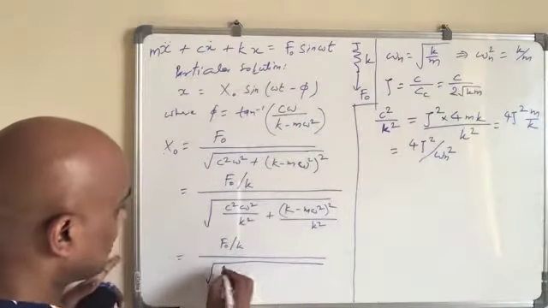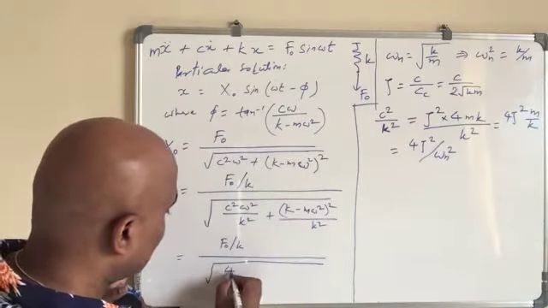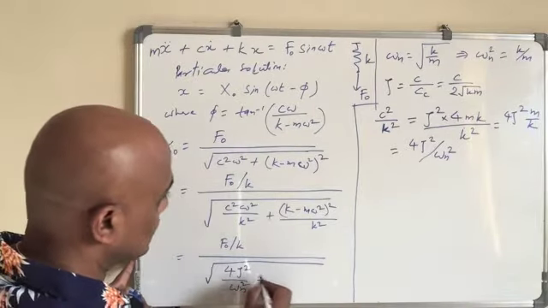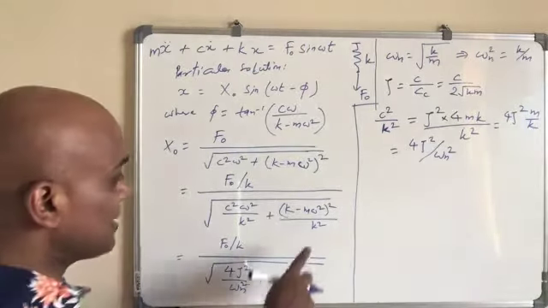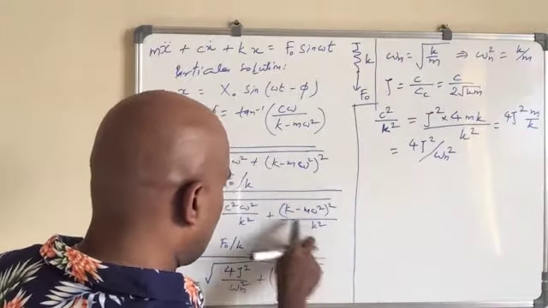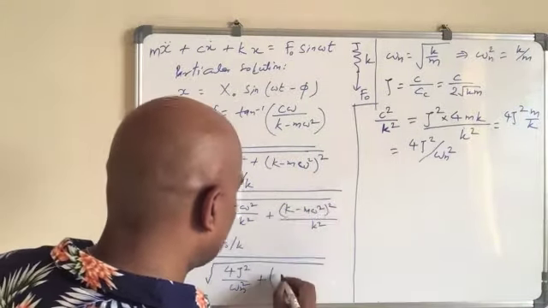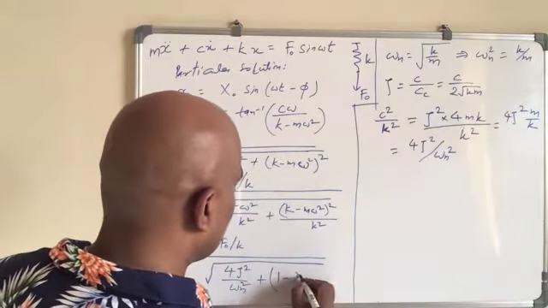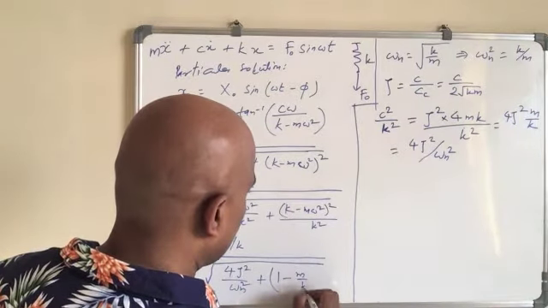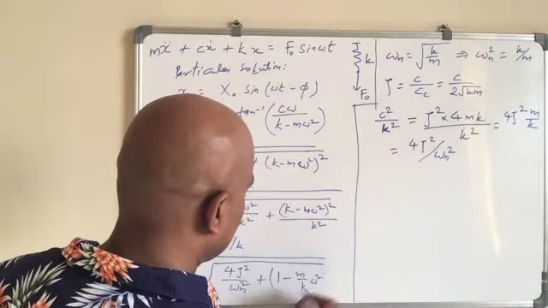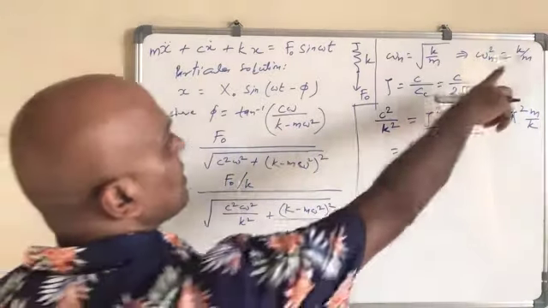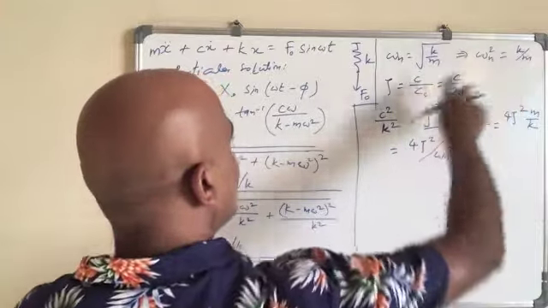So this becomes 4 zeta square over omega n square plus, next, 1 minus m over k omega square, where m over k is nothing but 1 over omega n square.